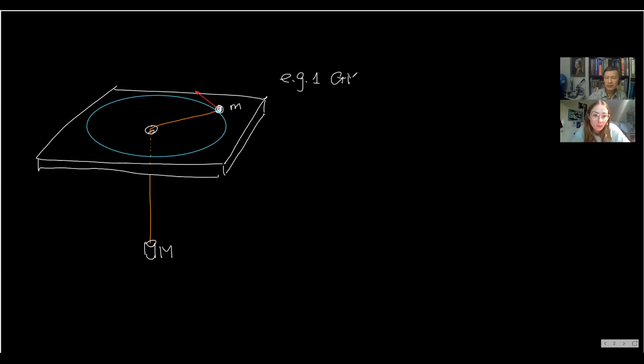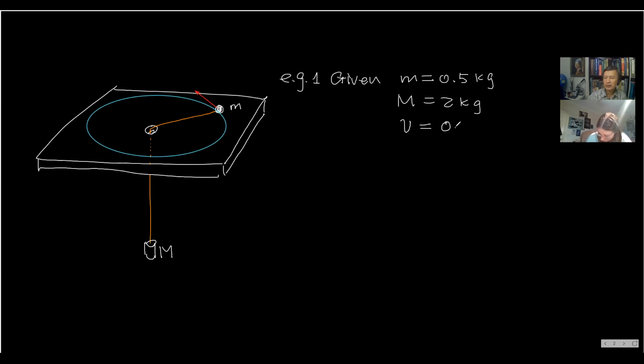So if we consider this setup, m is equal to say 0.5 kilogram, and the capital M is equal to 2 kilogram. If the velocity is say 0.8 meters per second, the question is, what is R in this case?